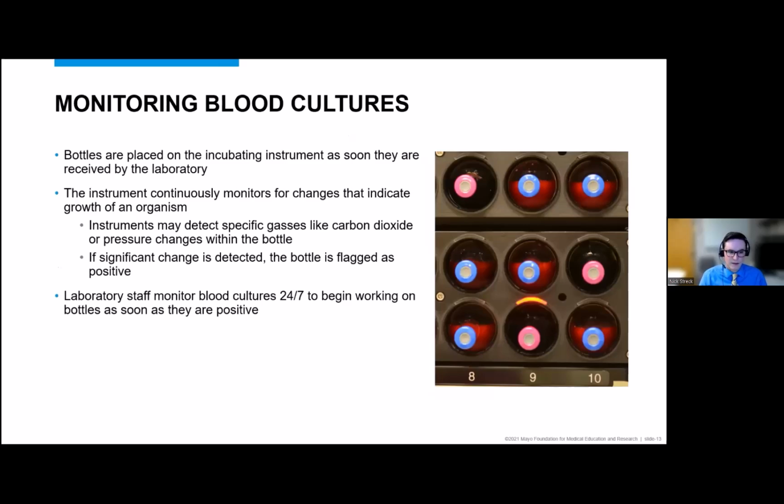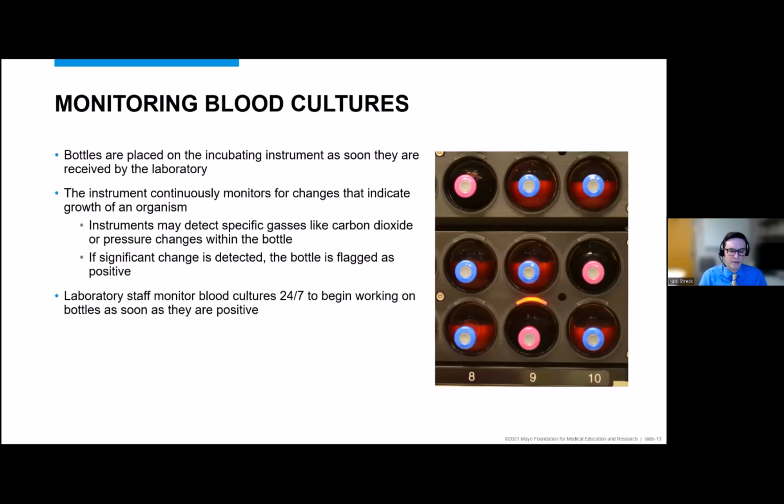So we are constantly in the laboratory looking for the receipt of blood culture bottles. We recognize this as an urgent and critical test that we want to initiate proper incubation and testing as soon as possible. So the laboratory staff will identify these bottles as soon as they come into the laboratory and get them in the appropriate incubation environment.